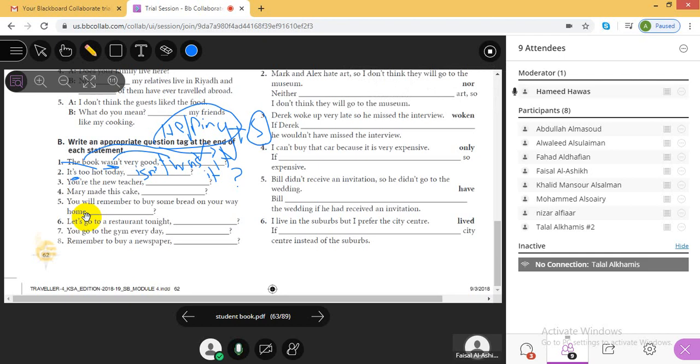What do I mean by aren't you? What does it mean even in Arabic? أليس كذلك? That's it. So you are the new teacher. I will make are into aren't, from positive into negative. Aren't you? Okay?